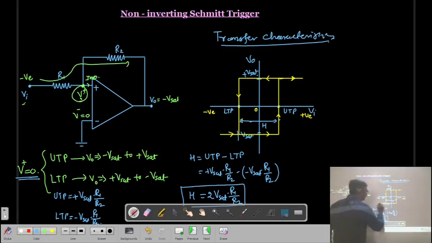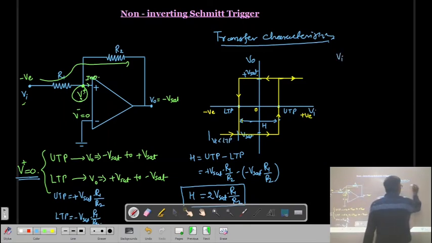So you can remember it this way. In this region, the input voltage is less than LTP as well as less than UTP.